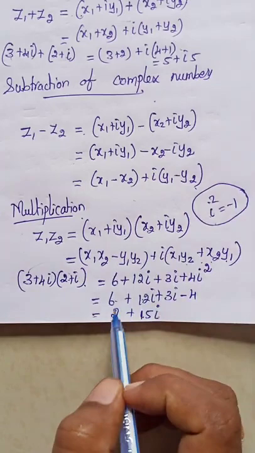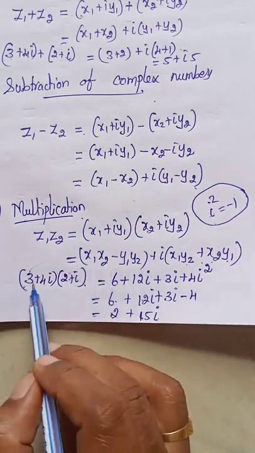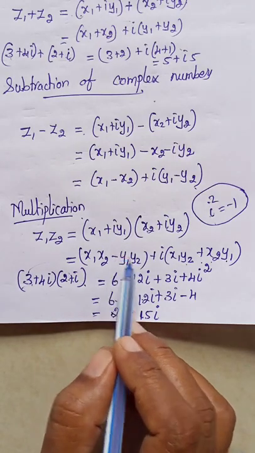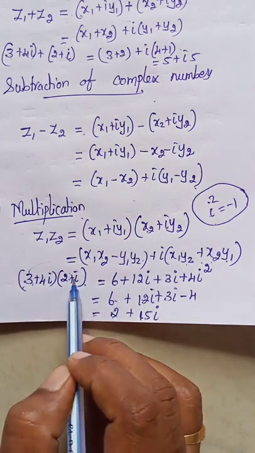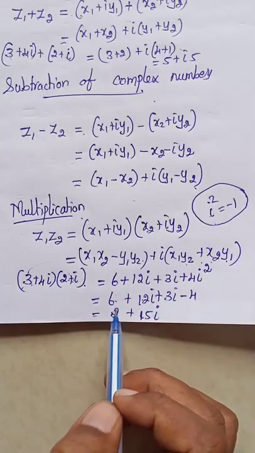Exactly, this is ordinary multiplication only. See, x1 x2, 3 into 2, 6, isn't it? Minus y1 y2, minus 4 into 1 is minus 4. See, that answer only we got here.